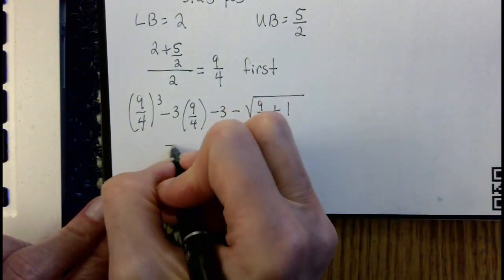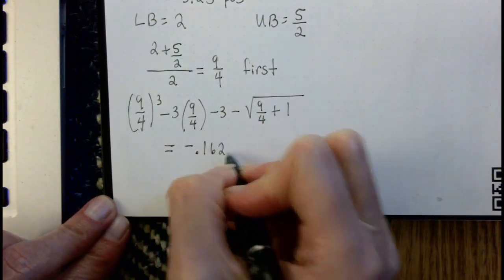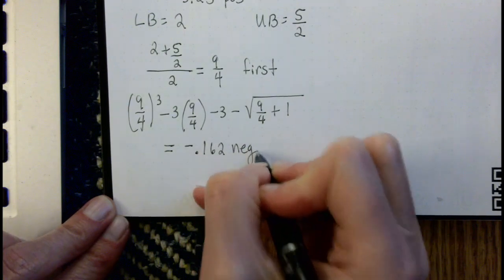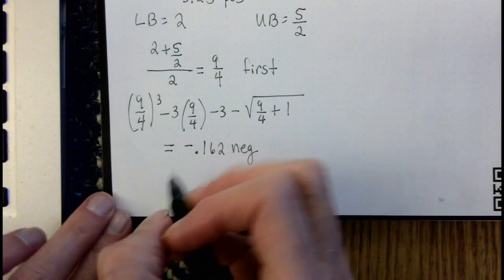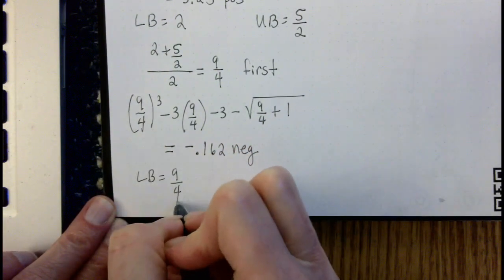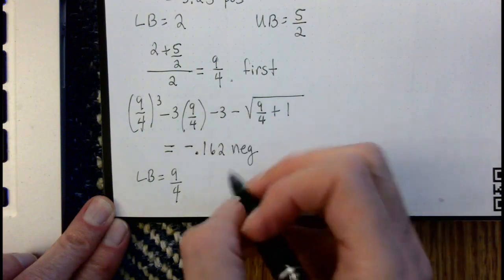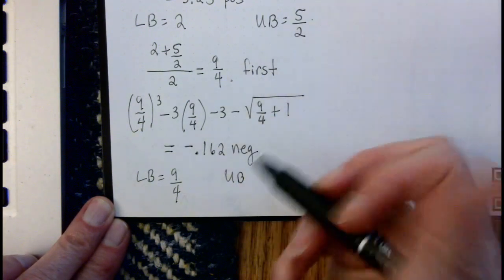When I type that in, I ended up with negative 0.162. Again, the most important piece there is that that's negative. And the lower bound is linked with negative, the upper bound is linked with positive. So now we're going to have a new lower bound. So our lower bound is now going to be 9/4, which comes from here. And then our upper bound is going to remain the 5/2.